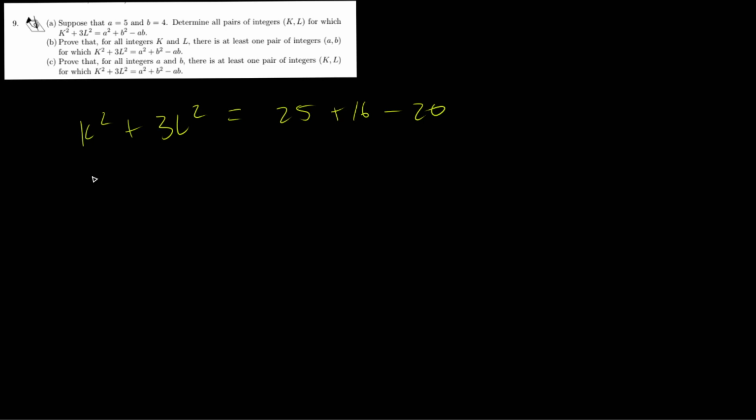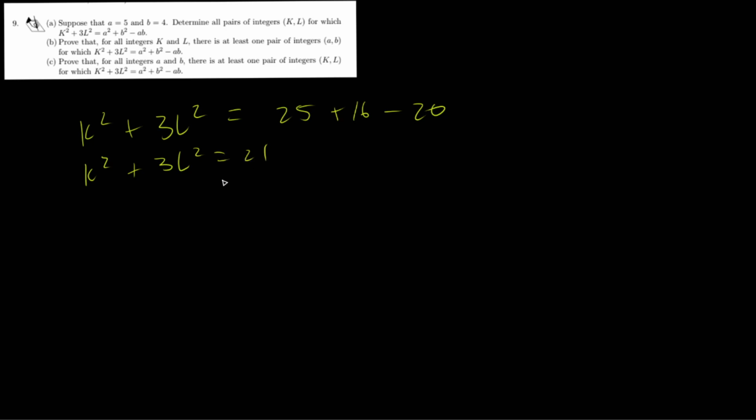Then this value would give us 25 plus 16 minus 20, which equals 21. So K squared plus 3L squared equals 21.